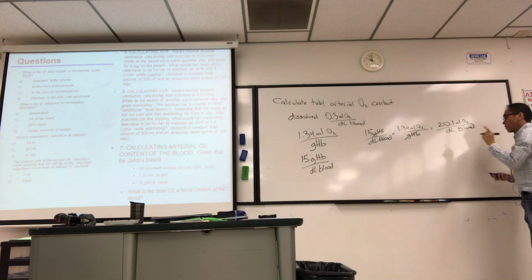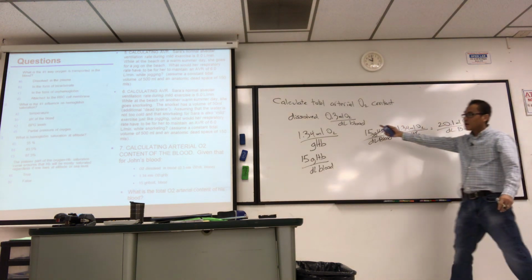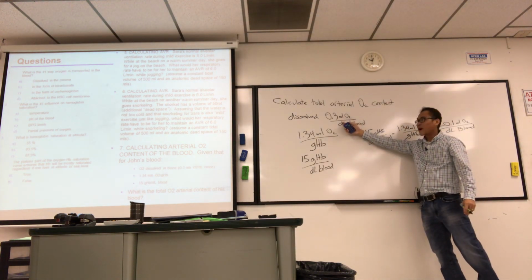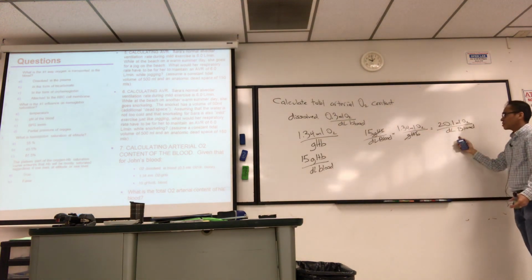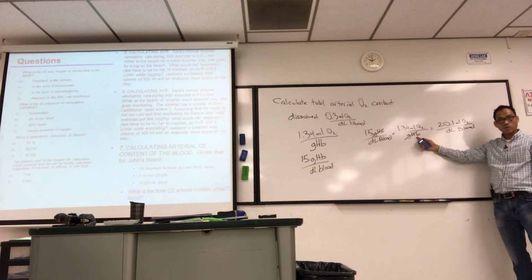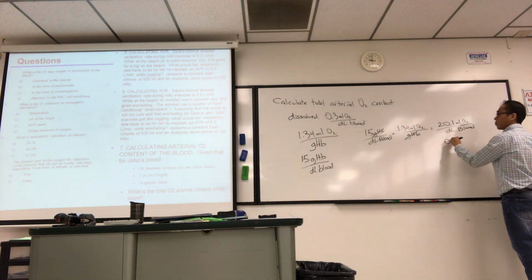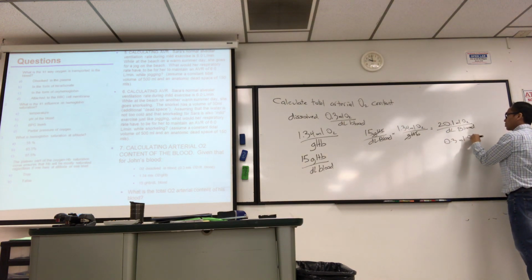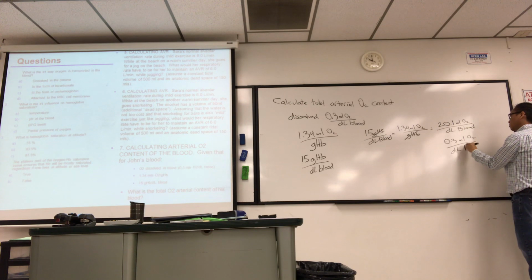However, this is the amount of oxygen bound to hemoglobin. I'm not done yet. What's the other way you transport O2? This one. So I just have to add it. This is the amount bound to hemoglobin. The amount dissolved, I'm just going to add it. 0.3 mil O2 per deciliter blood.